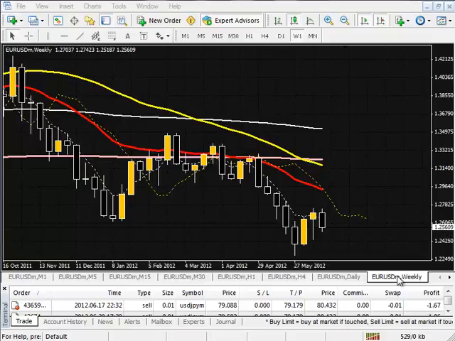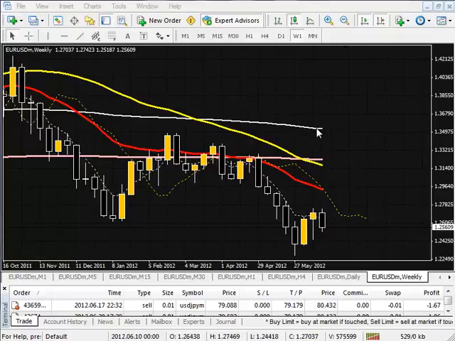Alright, so what we're looking at right now is the Euro USD weekly time frame, and you choose that up here with the weekly. You can choose the 1 minute, 5 minute, 15 minute, 30 minute, hourly, 4 hours, daily, weekly, or monthly. Right now I've already got them preset here, so I'm just going to show you what the Euro USD weekly looks like and what the moving averages are.